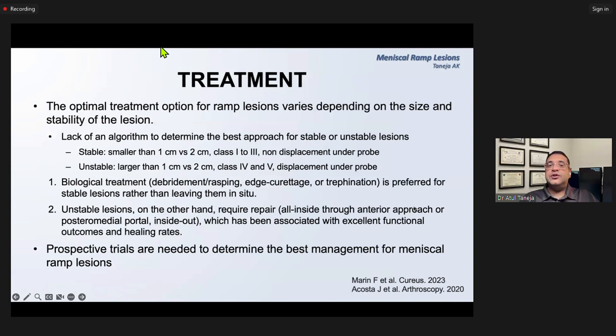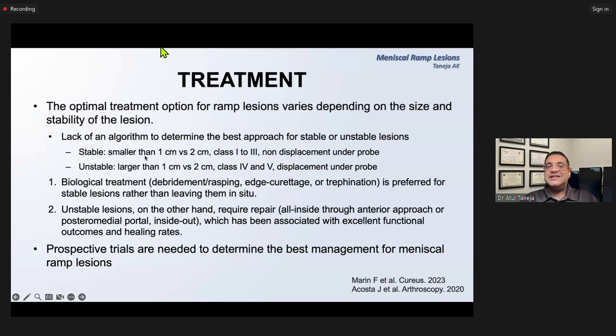Right, moving to the final parts of our talk, treatment. The optimal treatment for ramp lesions, there's a lot of debate still. There is a lack of a clear algorithm, but speaking to orthopedic surgeons from many different institutions, they use a similar approach to decide if they're going to fix it or not.